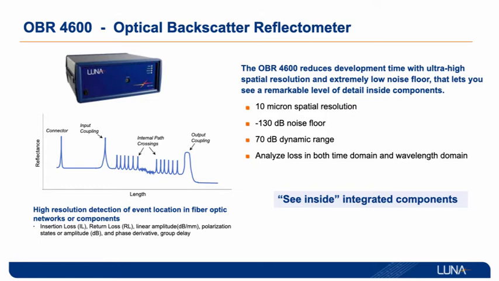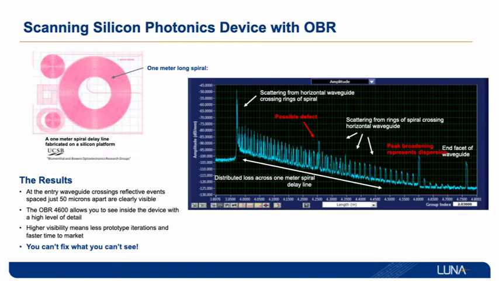So the first example I'm going to give is an interesting device. It is from our friends at University of California, Santa Barbara, whom we've worked with for many years. And it's a 1 meter delay line in silicon nitride.